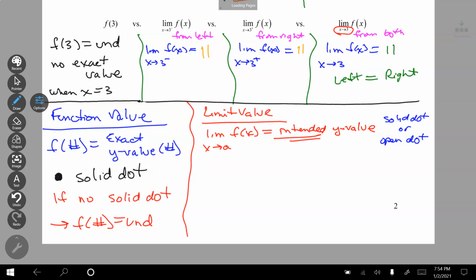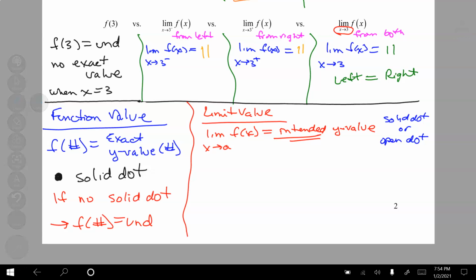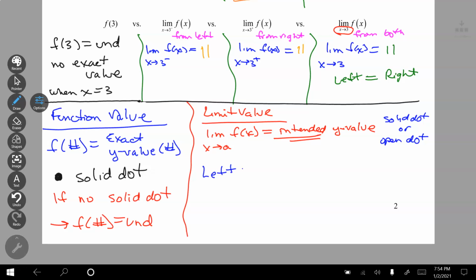Solid dots and open dots matter for function values. You need a solid dot, but for limits, an open dot or solid dot will not change the result. But we do know that if I have the left limit equal to the right limit, then the limit does exist.